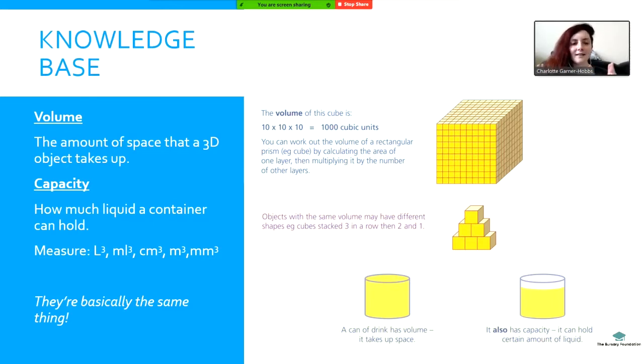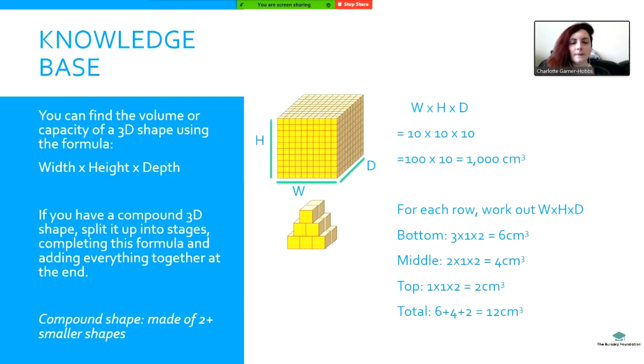They are technically two slightly different things, in that one measures overall space and one measures liquid. However, in an exam, these words are often used pretty interchangeably. So if you see capacity, don't worry too much. We're just thinking about the volume of liquid that this shape can hold.